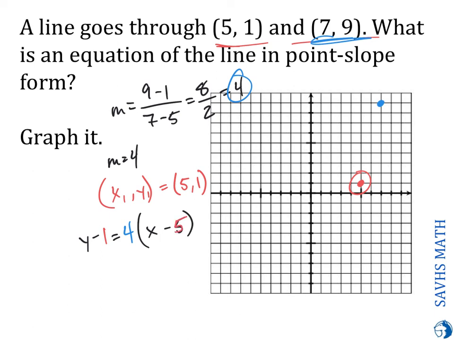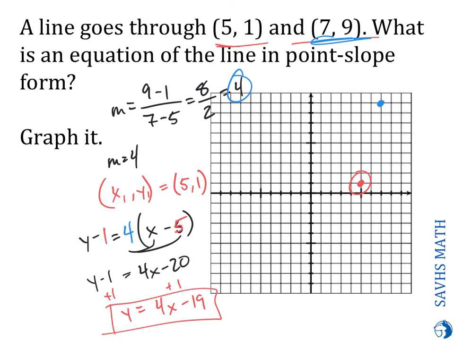Okay, again, I'm going to distribute and combine like terms, so then I get 4x minus 20 on this side equals y minus 1. Add 1. I get y equals 4x minus 19. There's my equation in slope-intercept form.